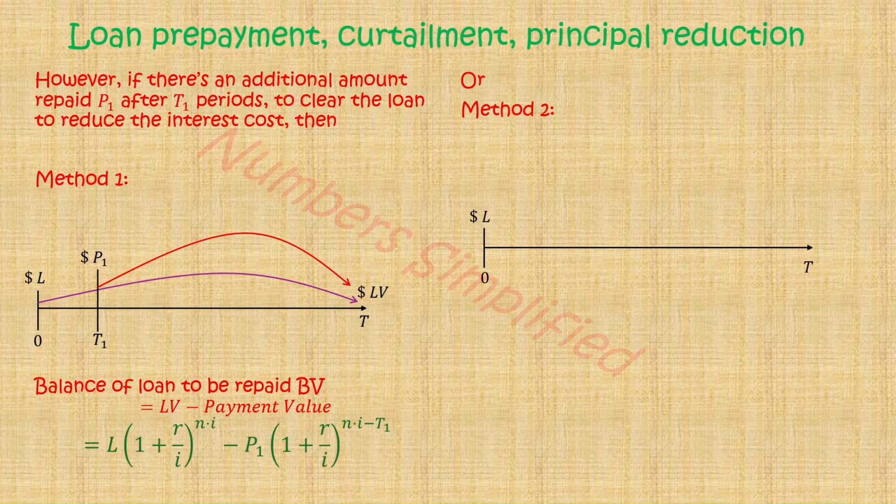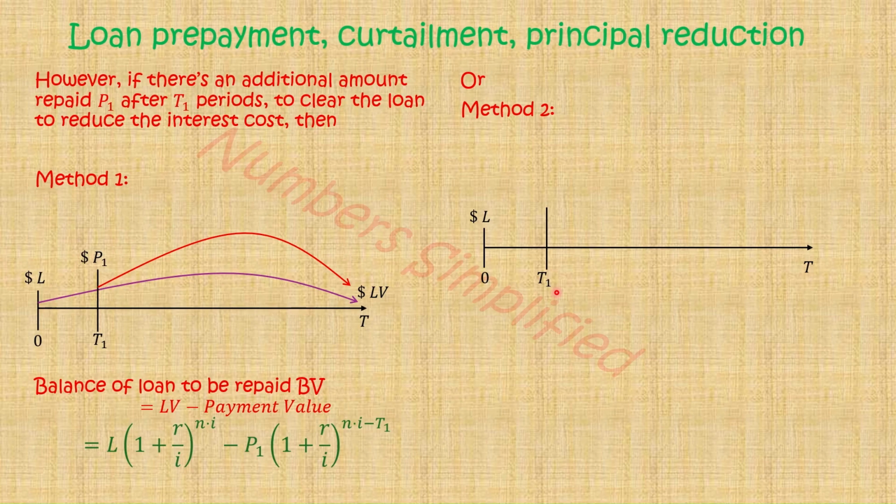Now, when it comes to the second method, both methods would take us to the same thing. However, each method works a little bit differently, but it's the same thing. So for the second method, we get the loan at time 0, and we keep in mind that at time T1, we make a payment that is meant to, not really clear the loan, but to reduce the value of the loan.